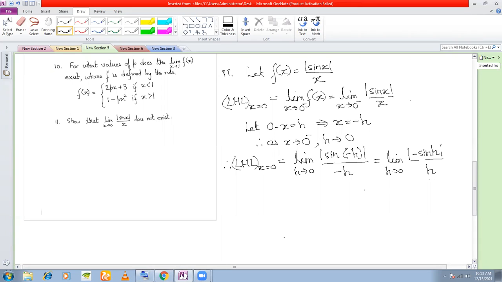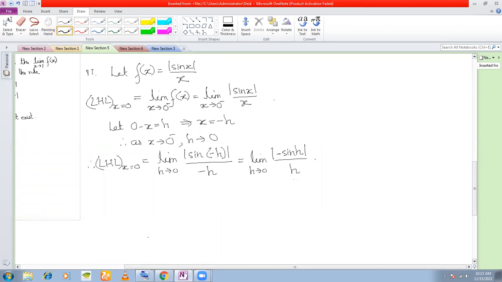So from the definition of mod, this function actually has two values. What are the values? The first value is sine h by h if minus sine h is positive, because we can remove the mod if it is positive.